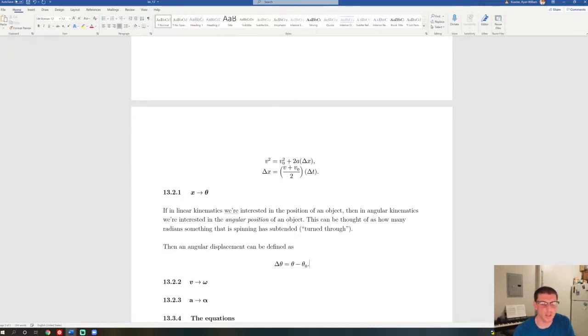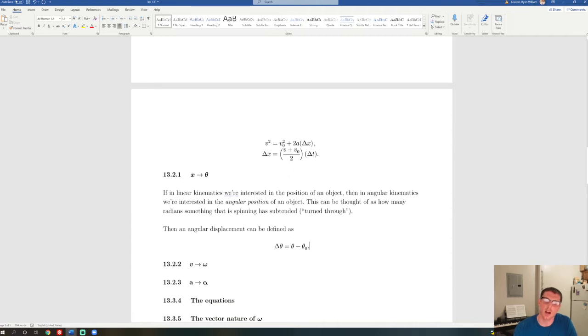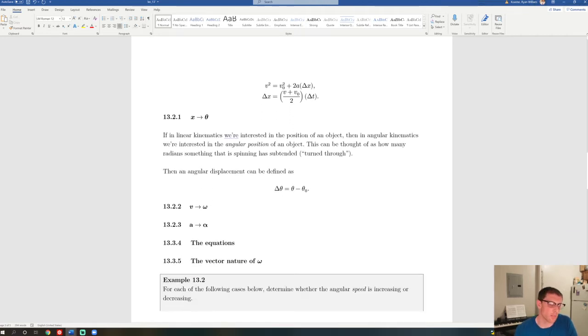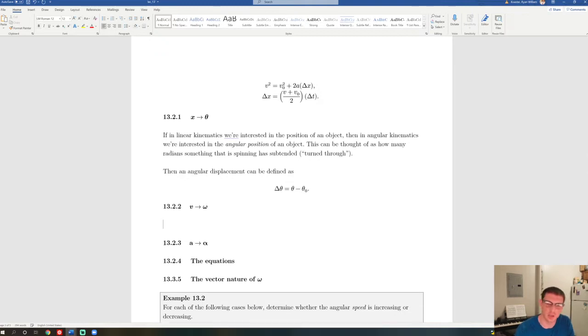I think that probably everybody has a kind of intuition about this stuff, especially if you've ever had somebody spin you around in an office chair or something, and tried to walk. It can be a lot of fun. Anyway, that's angular displacement.